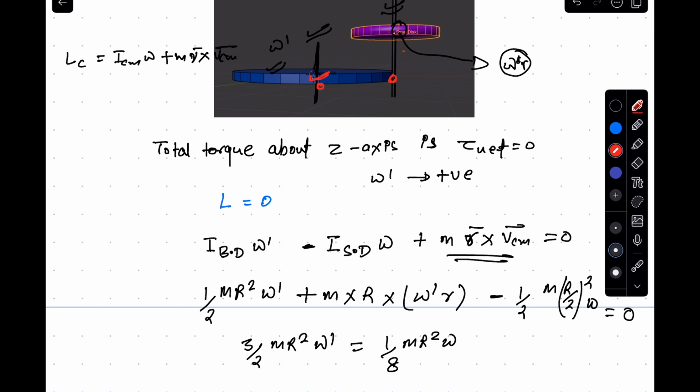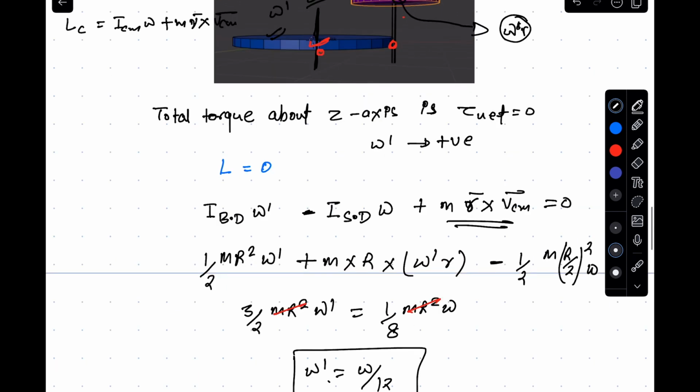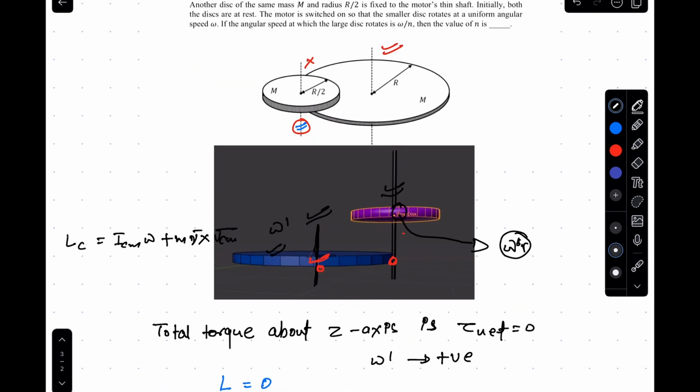Now the m r square will cancel out, and we get omega dash as omega by 12. So omega dash will be omega by 12, and in the question they have asked what is the value of n if omega dash is omega by n. So the value of n will be 12.